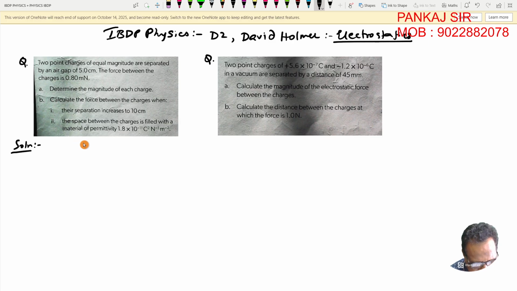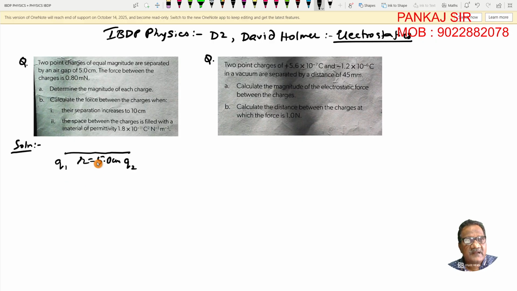There are two point charges, and they are of equal magnitude. The magnitude is not given to you, so let us take the two charges as Q1 and Q2. They are separated by a distance r, which is equal to 5 centimeter. We don't know the value of the charges, but one thing is sure, it is equal.